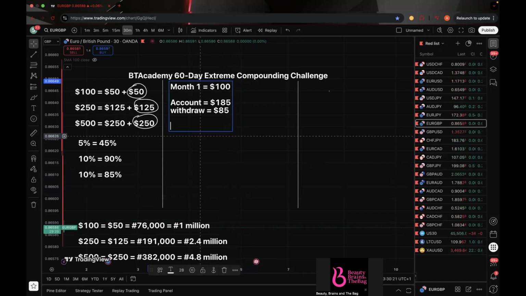And the third month, so total withdrawals, if you're using a $100 account, total withdrawal will be equal to 85 times 3. That's if we successfully hit all our targets.